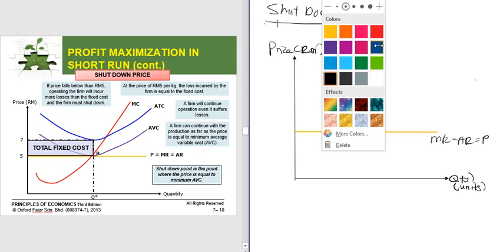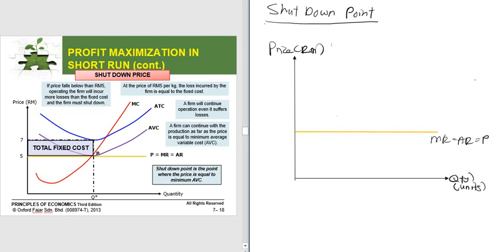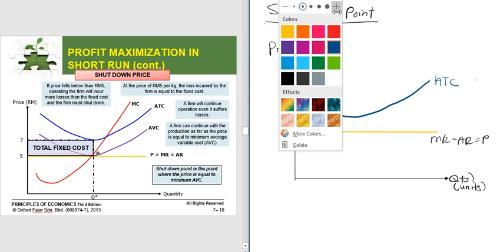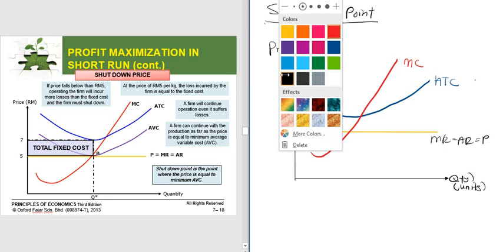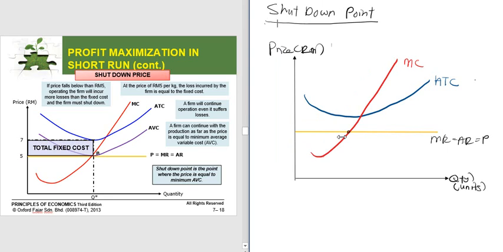Loss is made when your ATC is above your average revenue, and that is where your MC intersects with your ATC. In this case, you get losses in this area, your area of loss. Let's say this is 7 ringgit, your cost, and this is your price, and this is your average total cost.